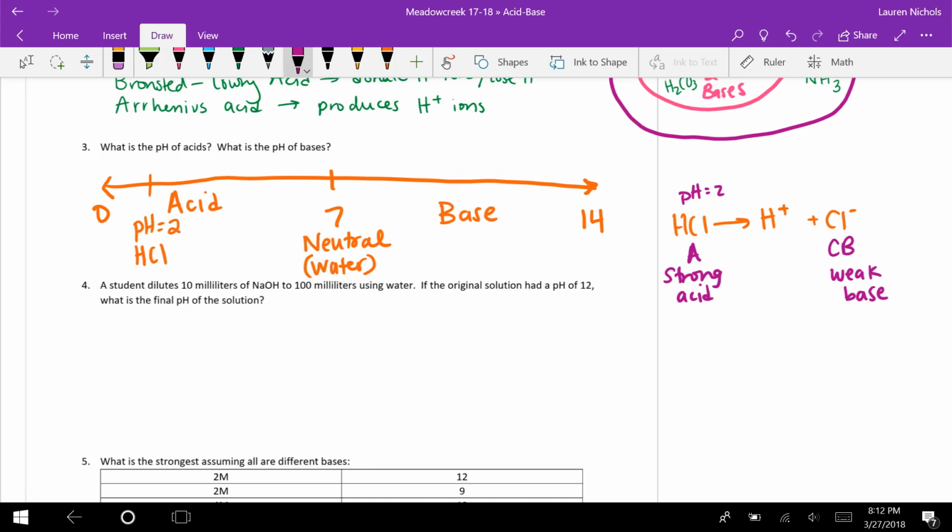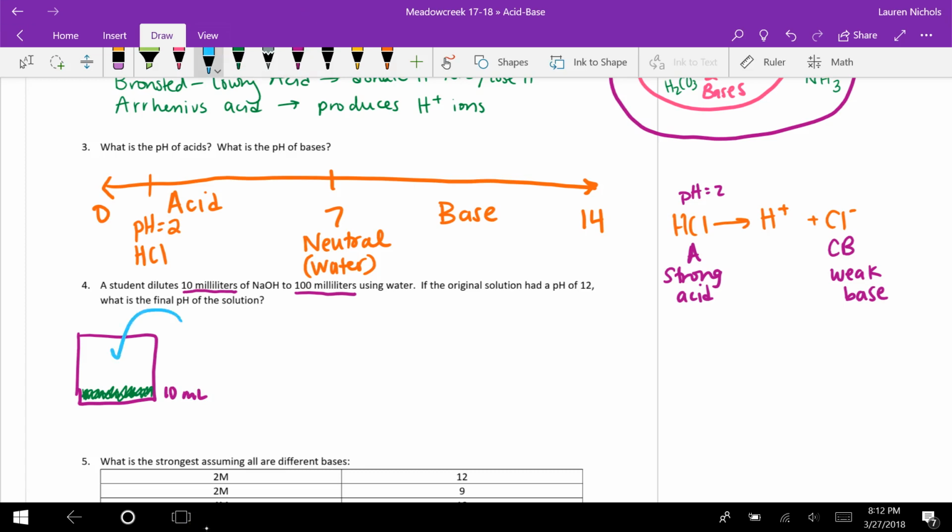And so when we're looking at this same scale, number 4 says if a student dilutes 10 milliliters of NaOH to 100 milliliters using water, okay? That means we have a beaker, and let's say our base, which is actually not true, is green. It's actually clear, but that would be difficult to draw, okay? It's green, and there is 10 milliliters of it right now.